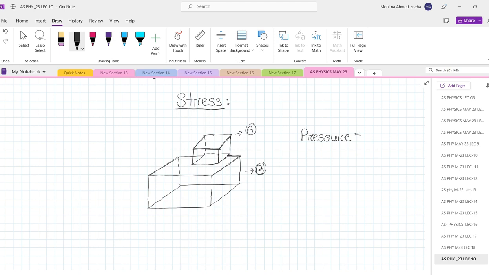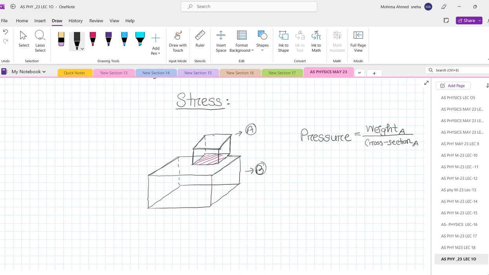The force is basically the weight of object A. And for what area is the force applied on object B? That is the cross-sectional area for object A. So area will be the cross-sectional area for object A.